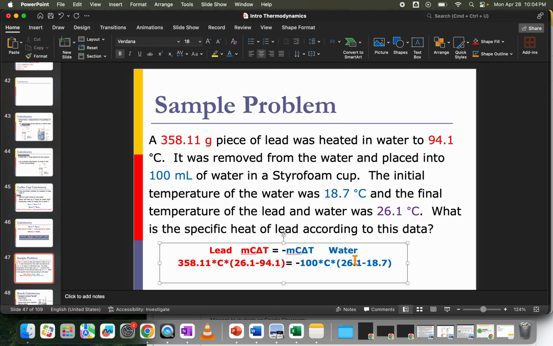So the only thing we have left is our C, which if we go back in our notes, the C for water is 4.18 joules per gram degree Celsius. I'm not going to put those labels in there because it's harder to type. So this is what you're going to have on the water side. This is what you're going to have on the lead side.